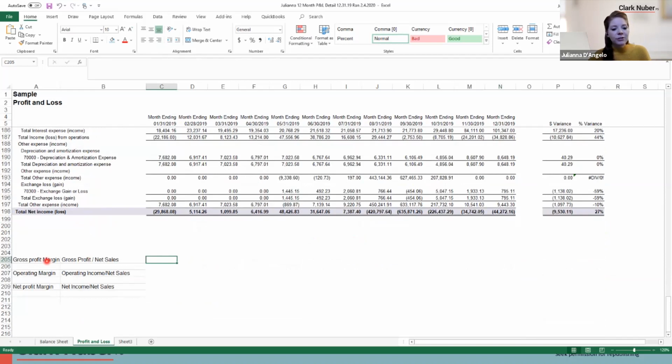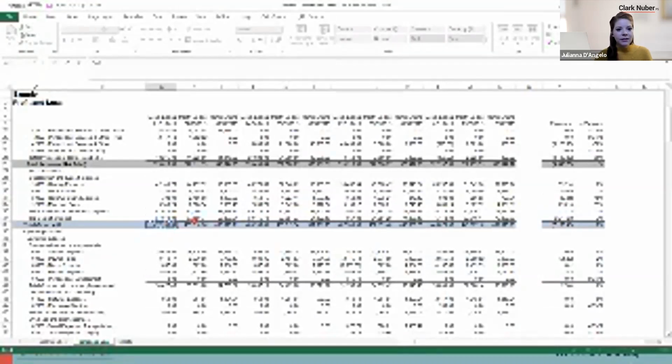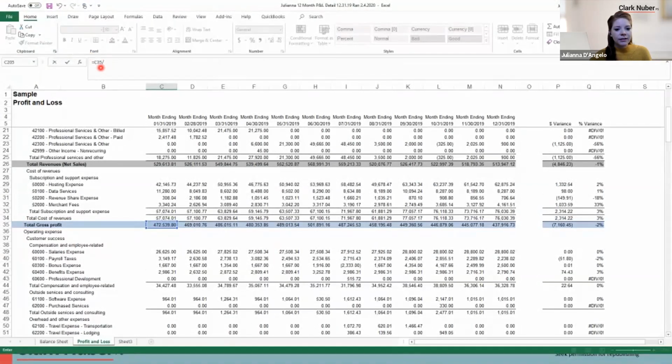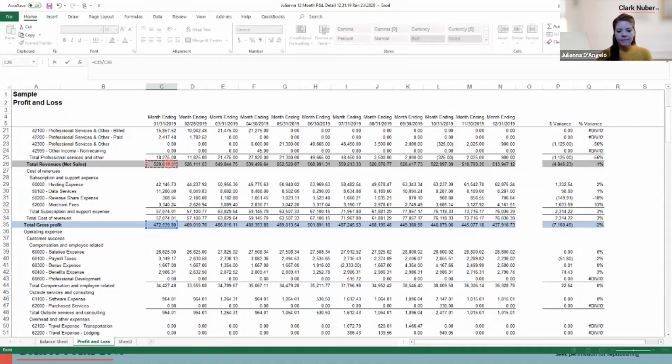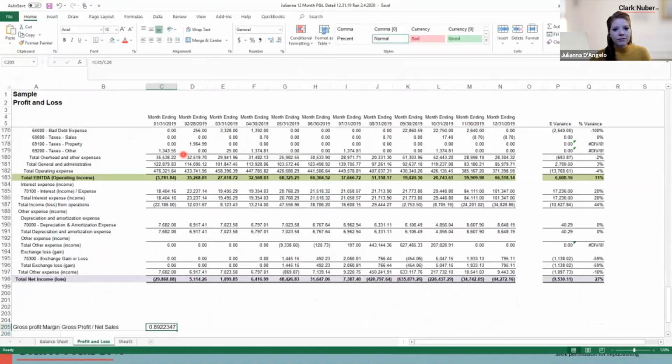So if we take our gross profit margin, which is our gross profit divided by net sales, let's look for our gross profit, which is this line right here, divided by our net sales. I'm just going to put that up here in the equation, and that's going to give us our gross profit margin.